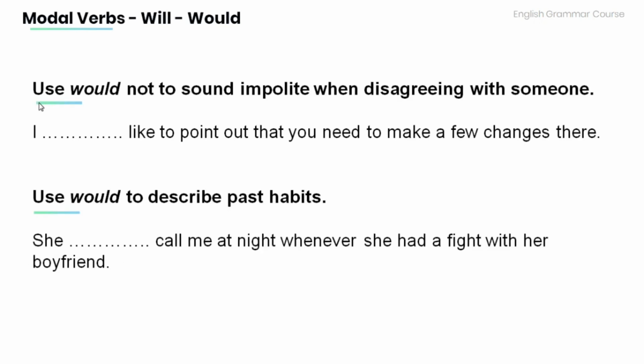Also remember that we use would not to sound impolite when we disagree with someone and when we want to describe past habits. Now read the following sentences and fill in the blanks using the appropriate modal verb. I like to point out that you need to make a few changes there.